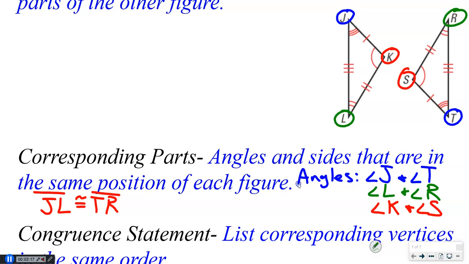We'll look at one of our other sides, LK. LK is going to be congruent with RS. We have one more side. JK will be congruent with TS. So those are all of your corresponding parts for these two triangles, the angles and the sides.